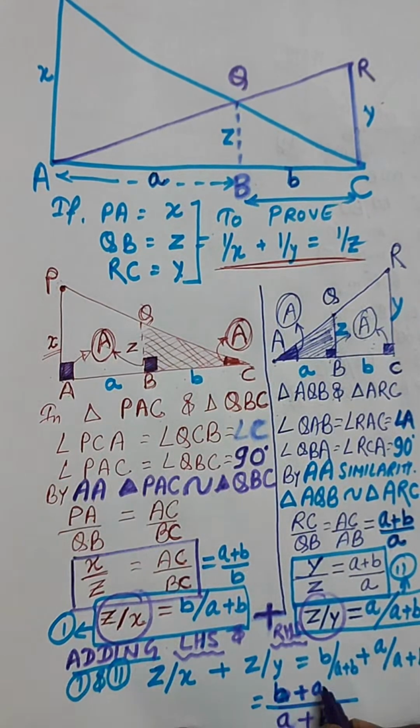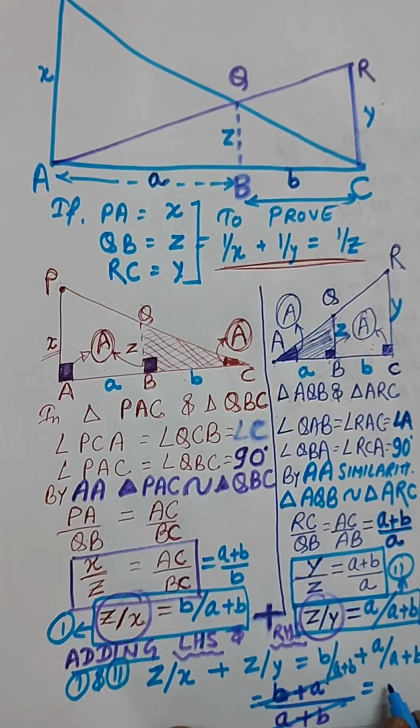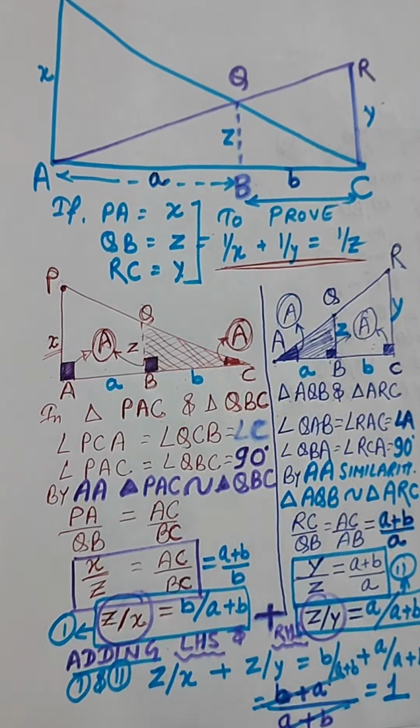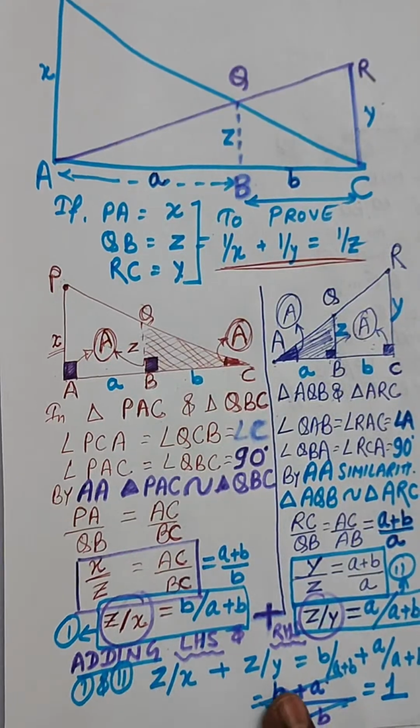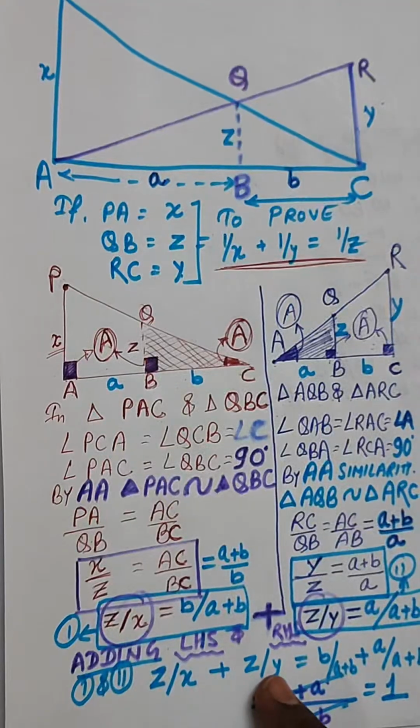So you can see this will be cancelled out, and this RHS is equal to 1. Into the LHS we have z by x plus z by y.